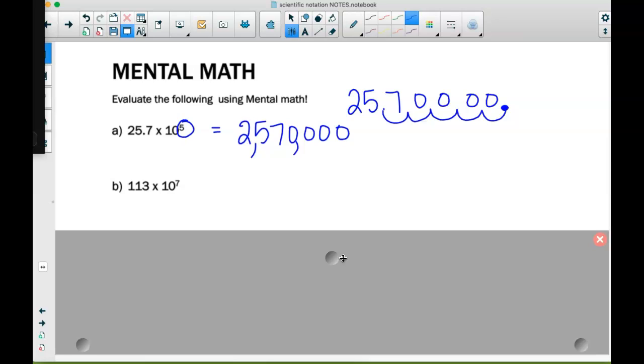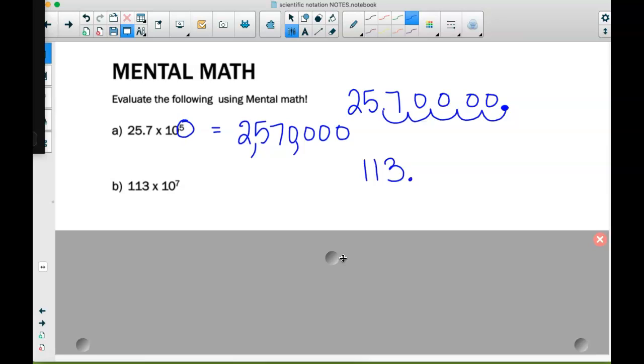So how many places do we have to move the decimal? So lots of you are going 7. Yeah, we have to move the decimal 7 places. Where's the decimal? Where is the decimal in the number 113? Behind 113. Yeah, at the end. If you don't see the decimal, it's always at the end.